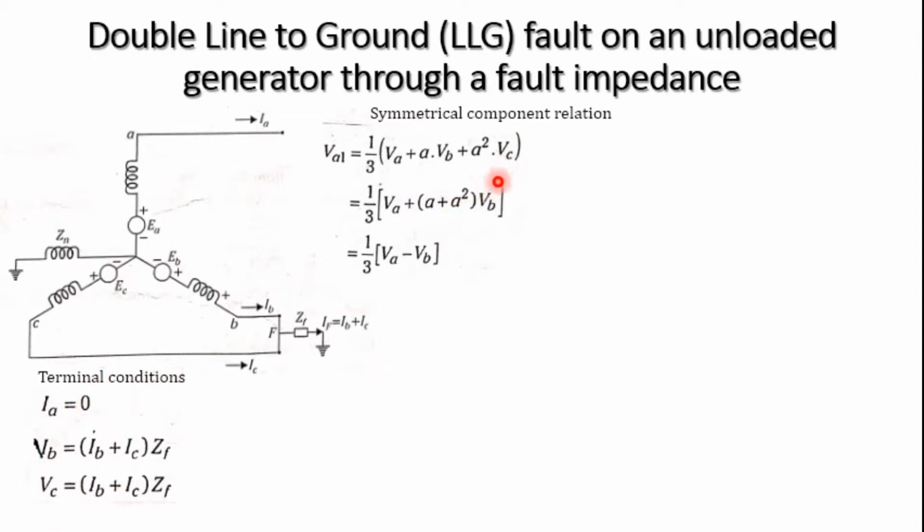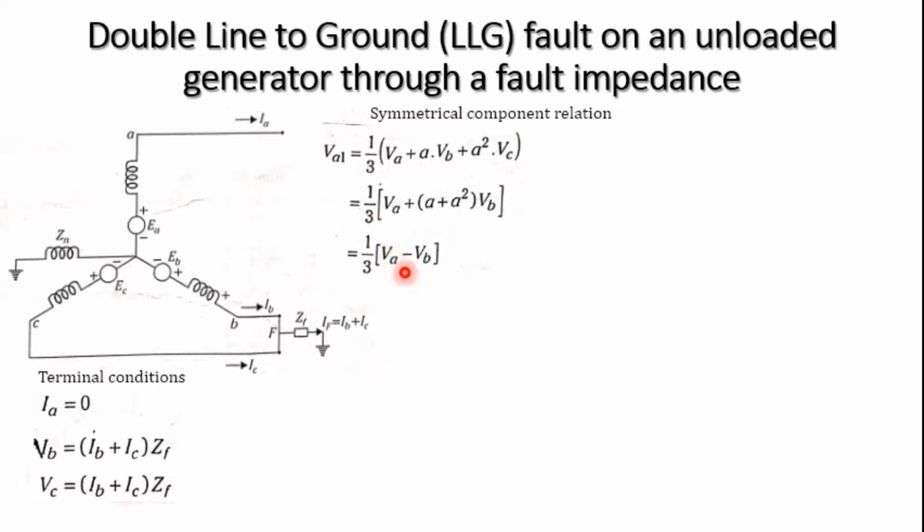Since Vc is equal to Vb, we will get a plus a² into Vb. We already know that 1 plus a plus a² is equal to 0, so a plus a² can be written as minus 1.